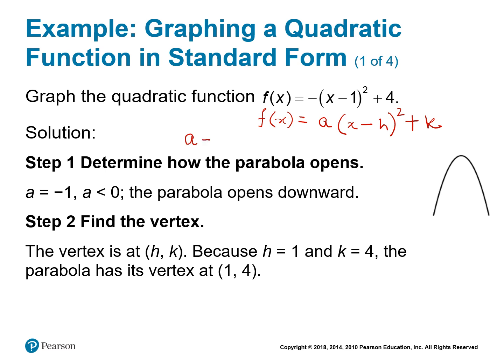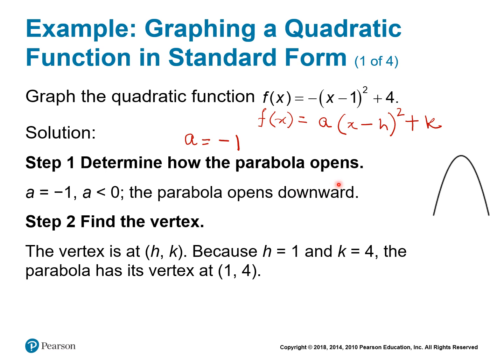So A is negative 1, and because A is negative, therefore we know the parabola is going to open down. All right, it's going to be a downturned graph because A is less than 0, A equals negative 1. So we have taken care of the direction in which the parabola opens.